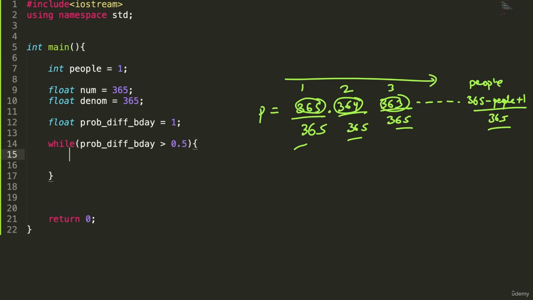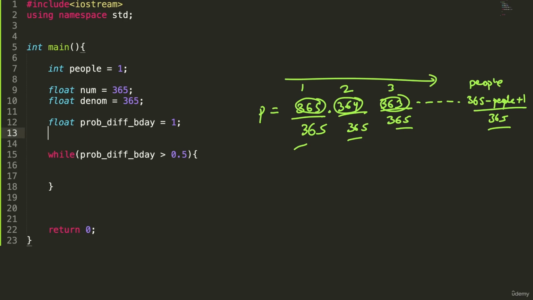For the second person, we can start from the second person. The probability of having different birthdays will be multiplied with the previous value into the current value. The current value, if you do it from person 1, is 365 as numerator, divided by denominator, no change in that.